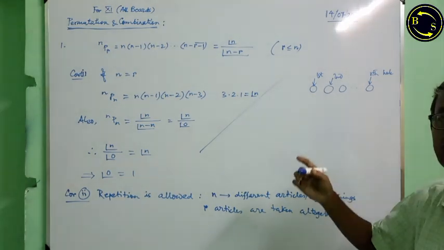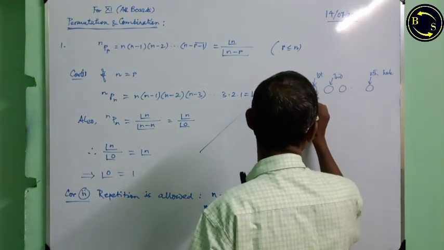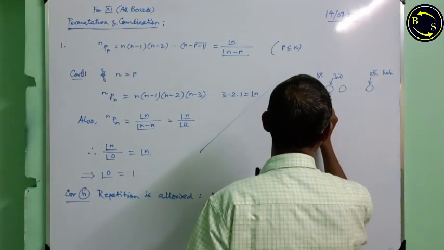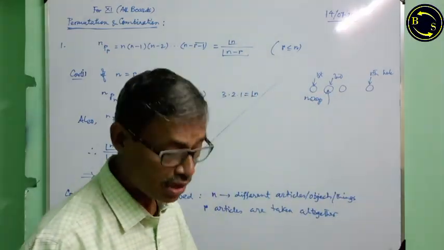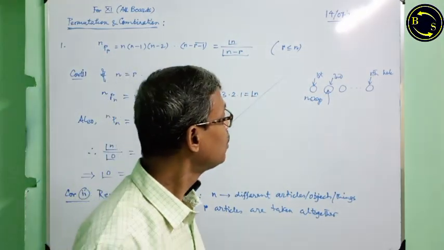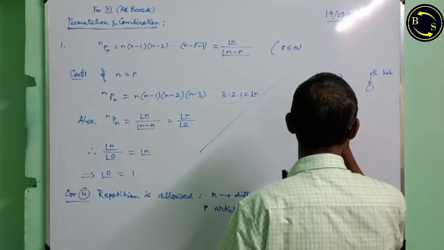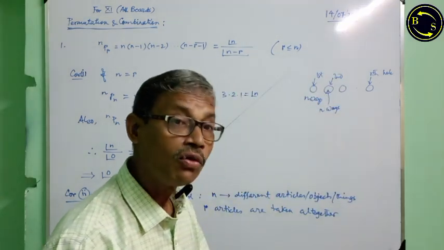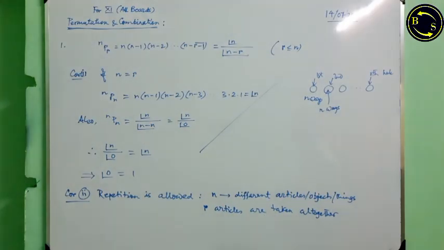Now, the first hole can be filled in how many ways? n ways, no problem. Now, since repetition is allowed, the second hole also can be filled in n ways. Now, filling the first hole in one way, the number of ways of filling the second hole is n.